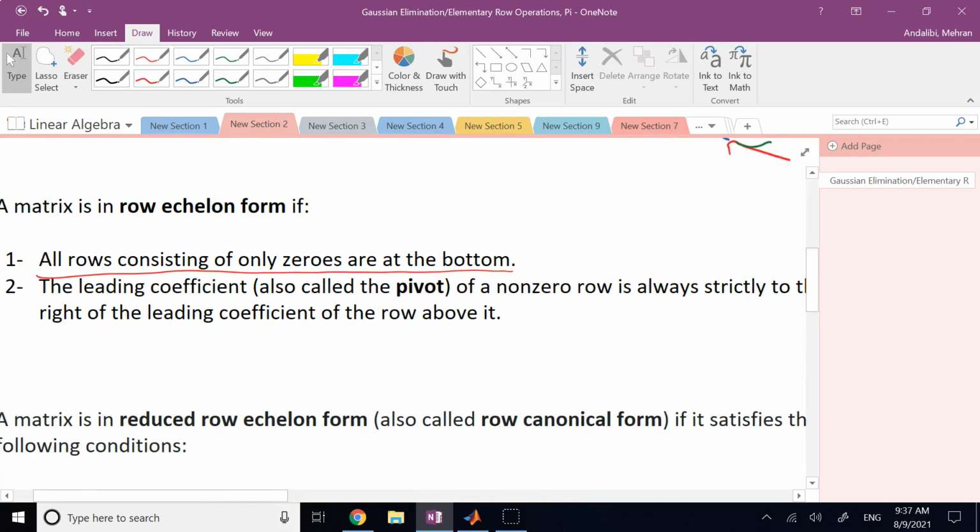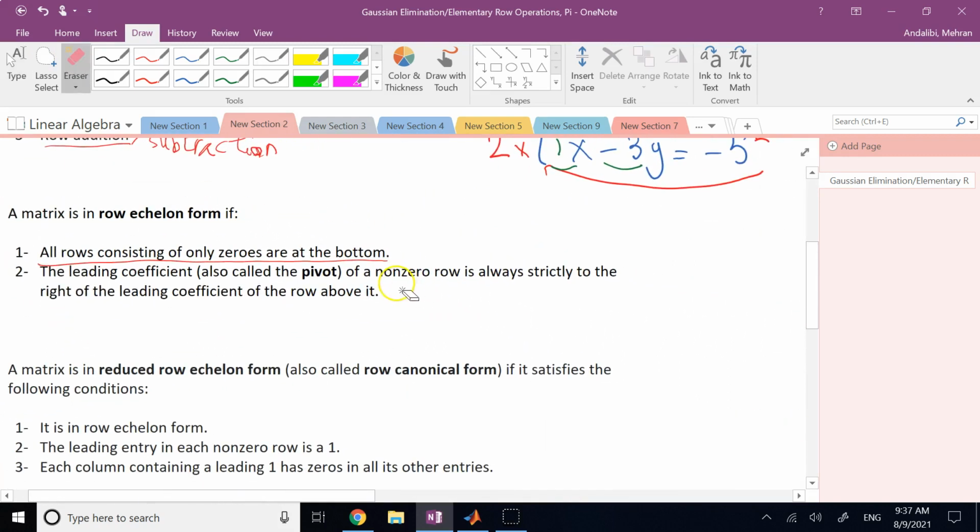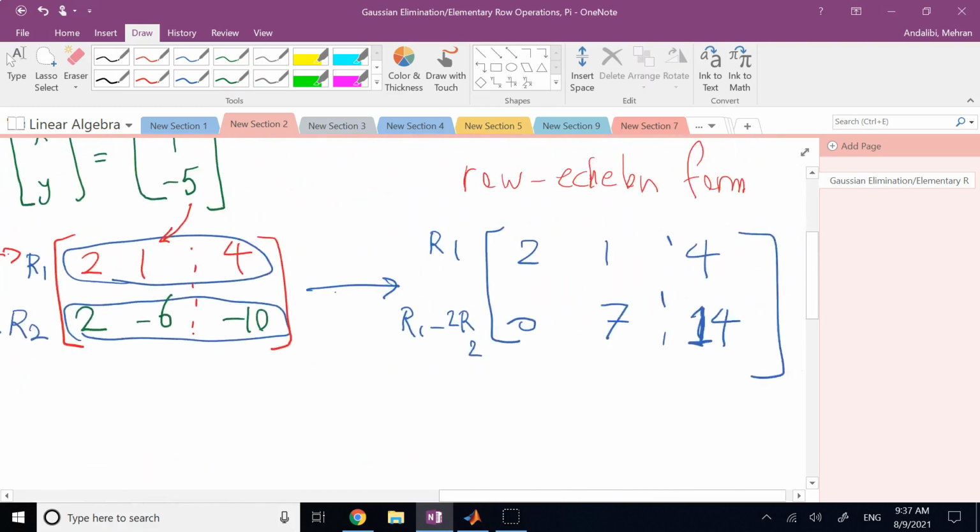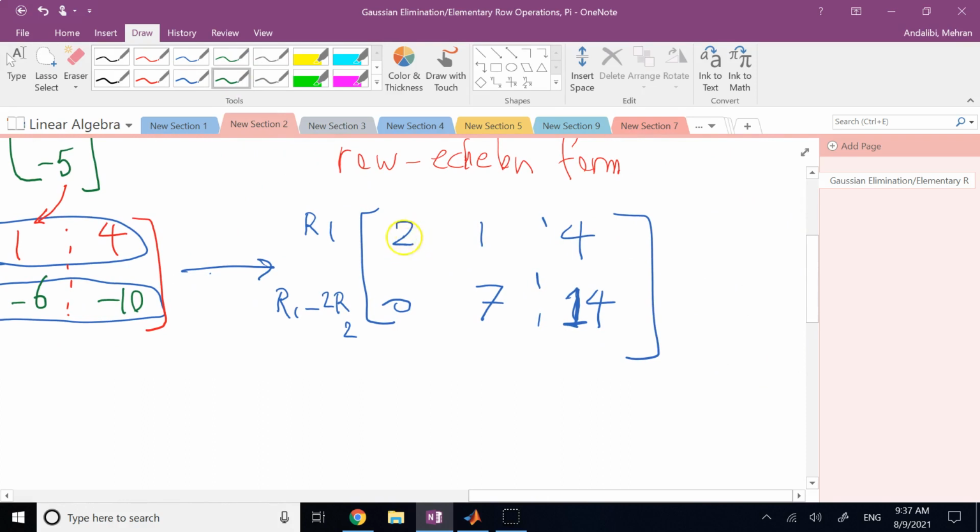Then it says the leading coefficient of a row that is non-zero should always be strictly to the right of the leading coefficient of the row above it. By the way, that leading non-zero coefficient in each row, we call it the pivot of that row. So what does that mean? When I say leading, it means from left to right.